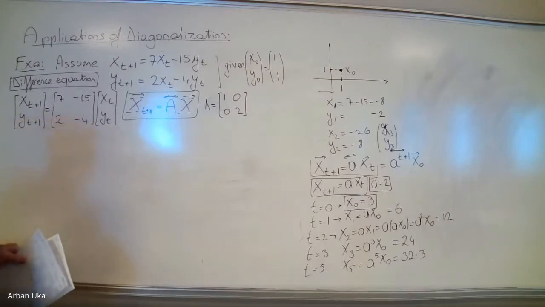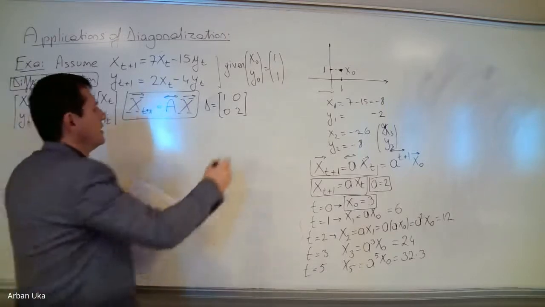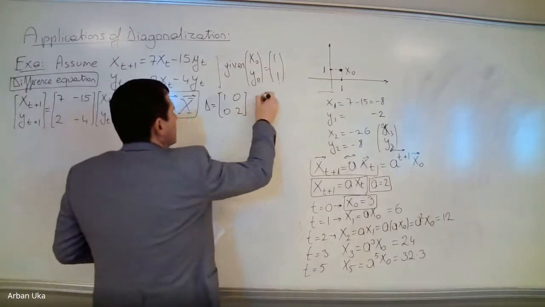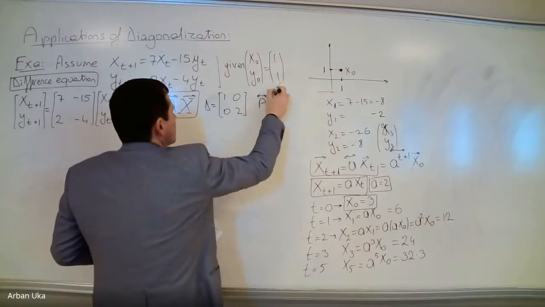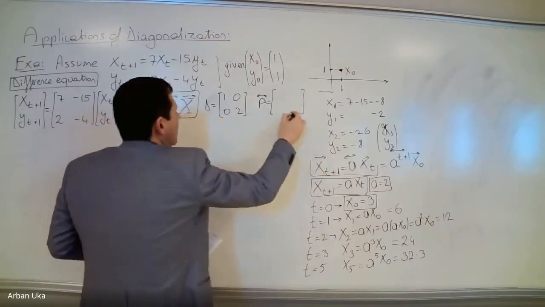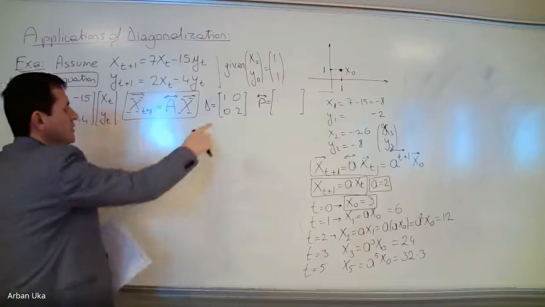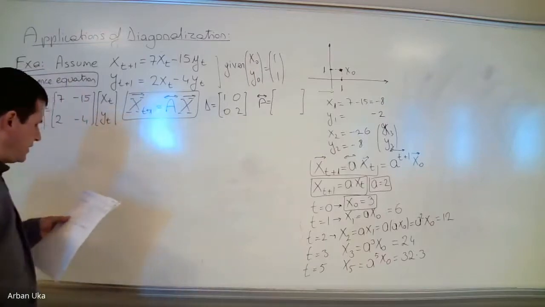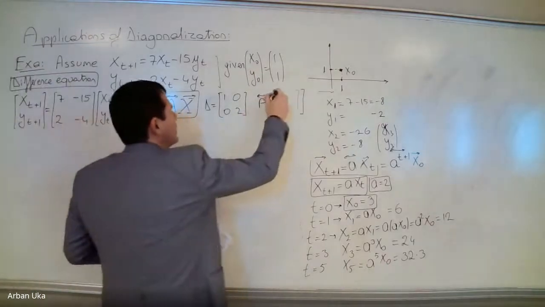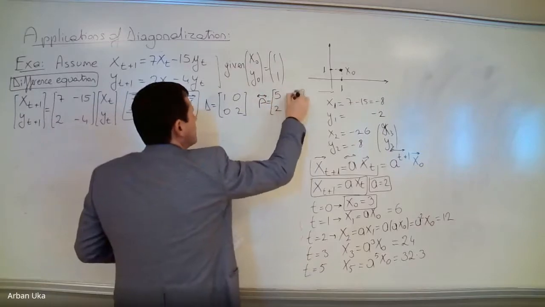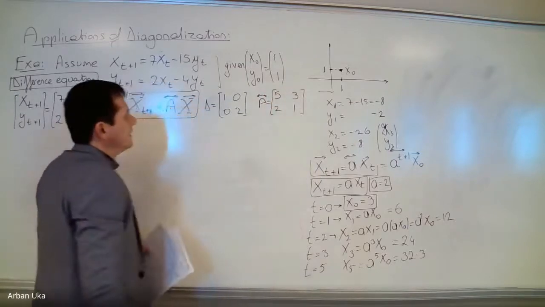We have solved this one before, but let's give the answer here right away. Then we have the matrix composed of eigenvector 1 and eigenvector 2. The matrix P looks like [5, 2; 3, 1].